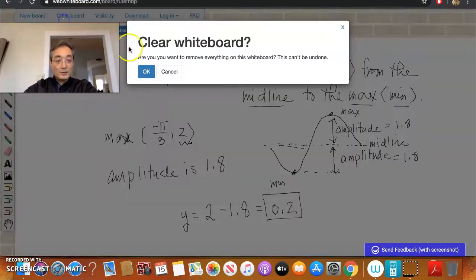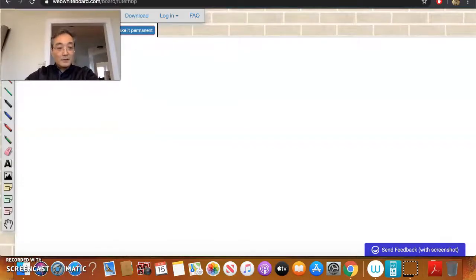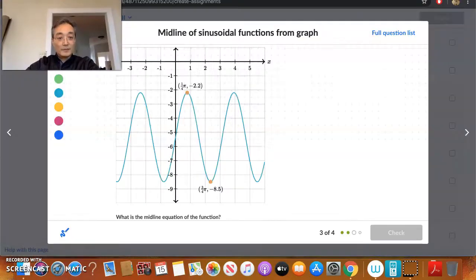All right, so let's clear this board. And let's do it. So we have a max point at 1/4 pi, negative 2.2.